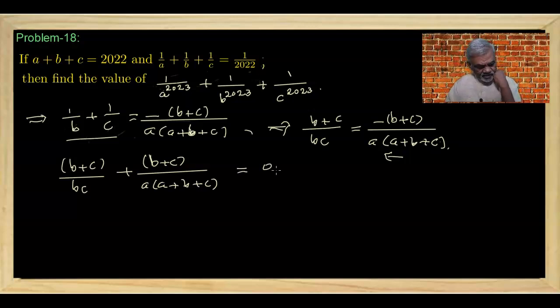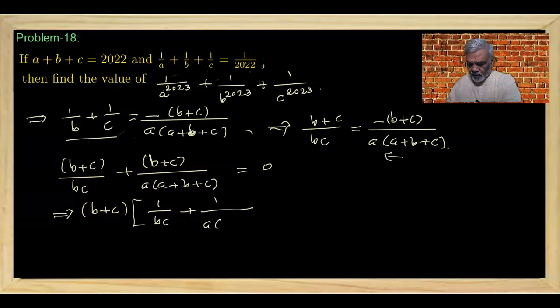And this I can write as, I would like to take b plus c as a common factor, into 1 by bc plus 1 by a into a plus b plus c equal to 0.